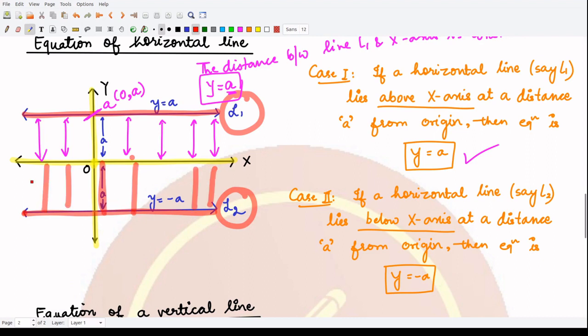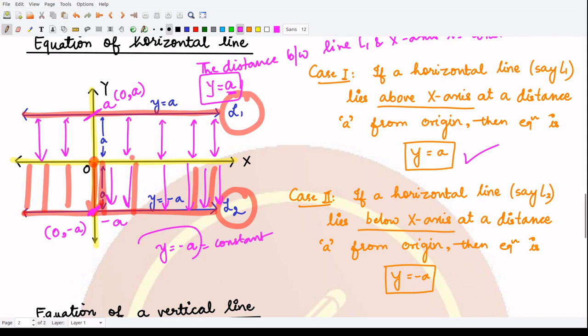However, now we are measuring the distance from the origin downwards, so this point on the y-axis is minus A. The x distance here is 0 and the y distance is minus A. At every other position only the x coordinate varies, and the y coordinate remains the same, minus A. Hence the condition y is equal to minus A, which is constant, and this becomes your equation in this case.